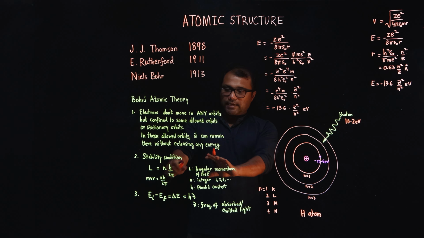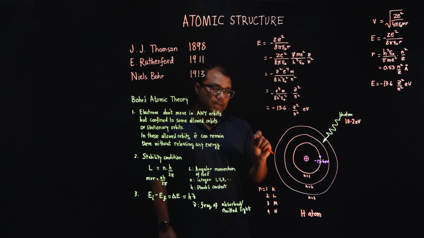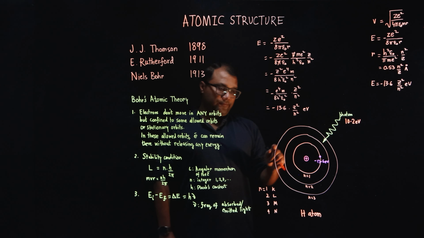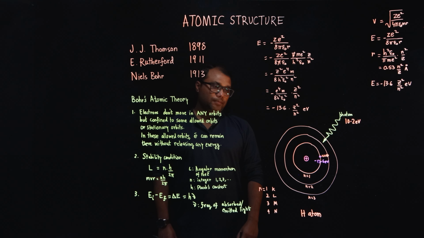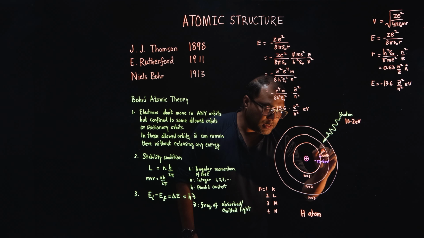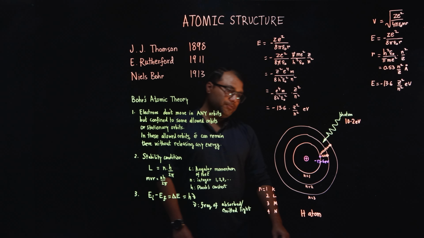To really understand how this works, the electron will absorb this energy only if it can jump to a stable energy level, either this, or if it can jump to another stable energy level, which is the next level and such.